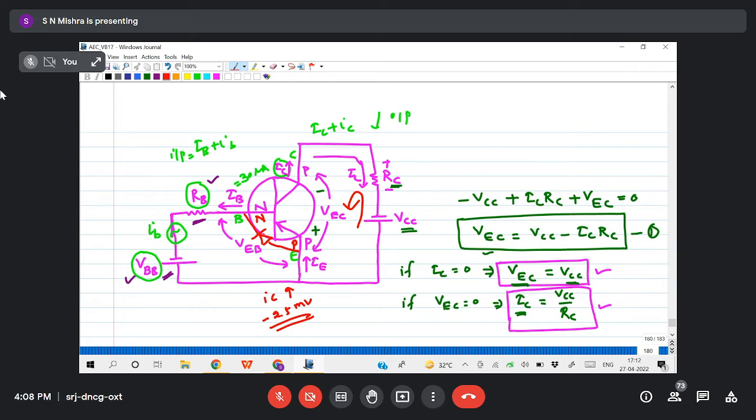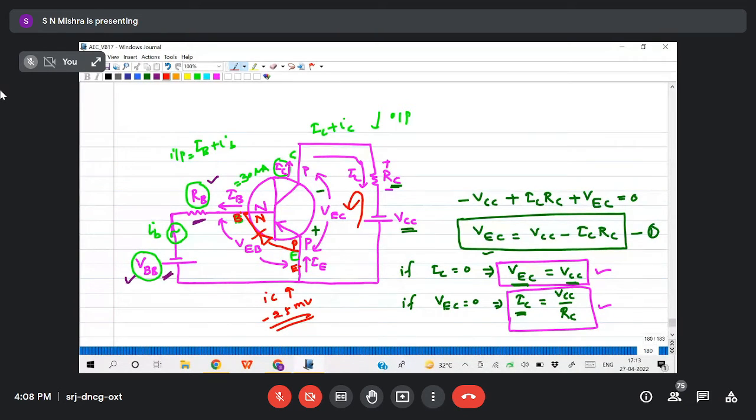Can you tell me what is the junction voltage here? This is my base, this is my emitter. So what is the junction voltage? This is the base terminal and this is the emitter terminal. So what is the junction voltage, or what is the voltage between these two terminals? VEB. VEB.